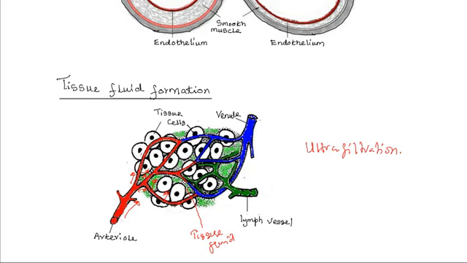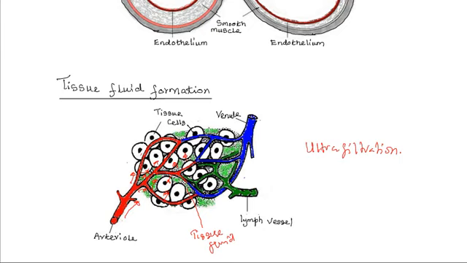However, the tissue fluid contains important substances such as glucose, oxygen, amino acids, vitamins, hormones, and mineral ions that are taken up by the cells either through diffusion or active transport.